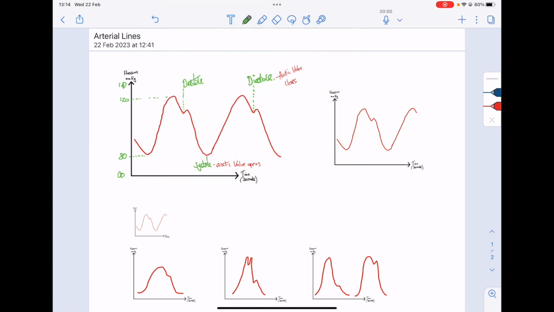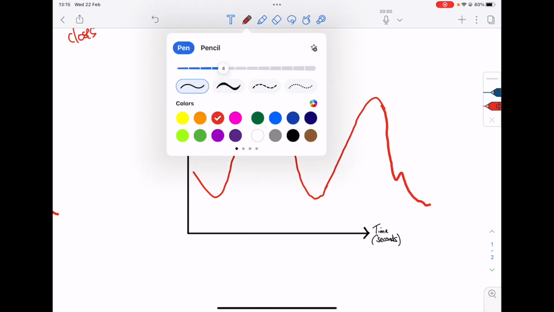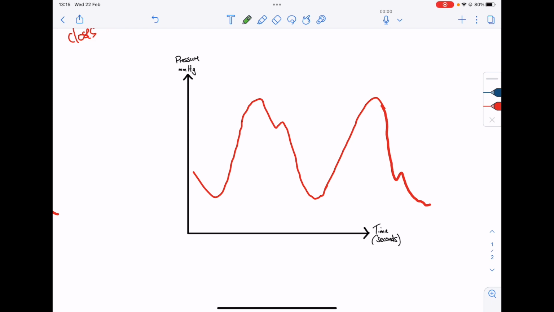So moving on to a few other little bits and bobs to do with this waveform. You can infer some information about myocardial contractility depending upon the shape of your trace. So let's just put an extra line down in here that comes down here, and we'll put our dicrotic notch a bit lower down. Excuse the change in pen thickness. So the pressure wave delivered by the myocardium into the aorta finishes here, as we know, with diastole and comes down.